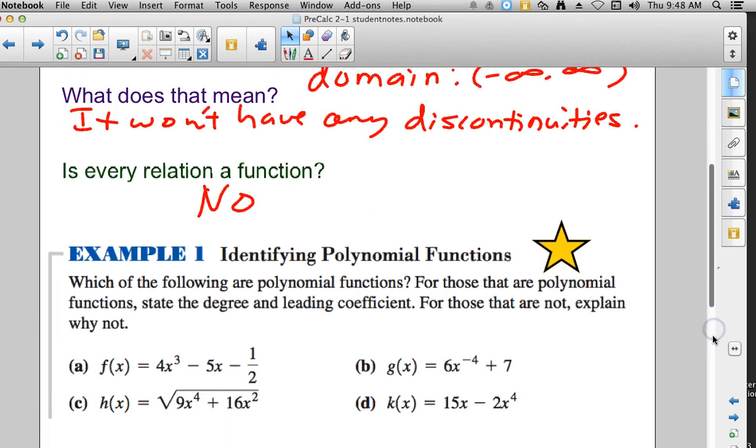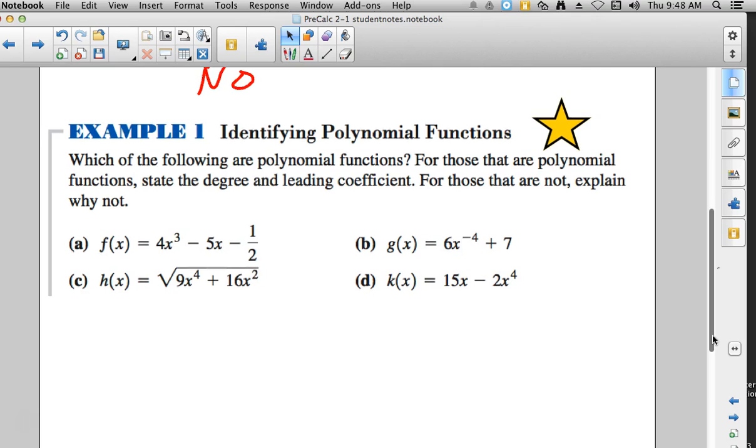So down here it says, which of the following are polynomial functions? For those that are polynomial functions, we want to state the degree and the leading coefficient. If they're not, then explain why not. So take a look at A. Function or not? No. What's wrong with it?